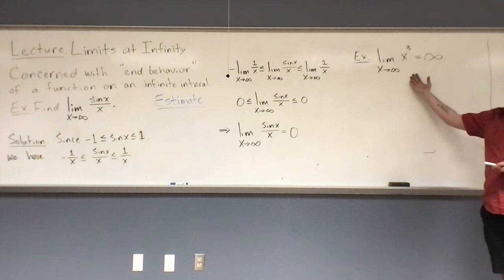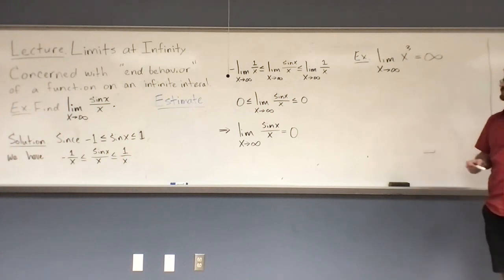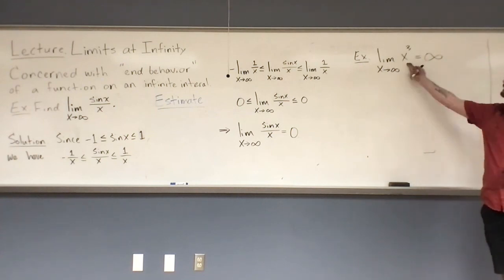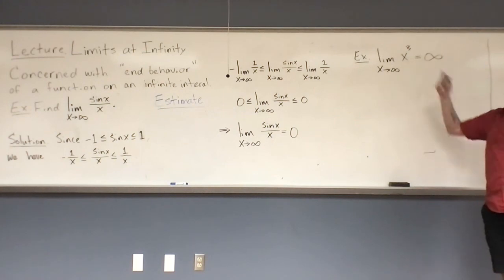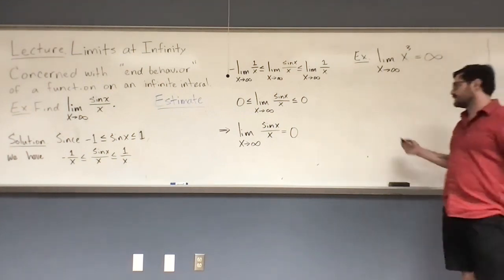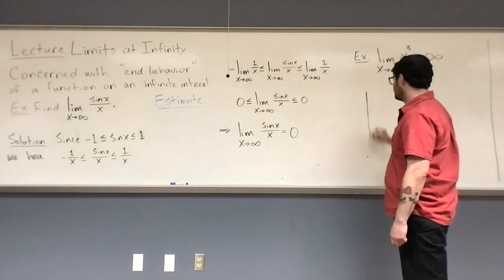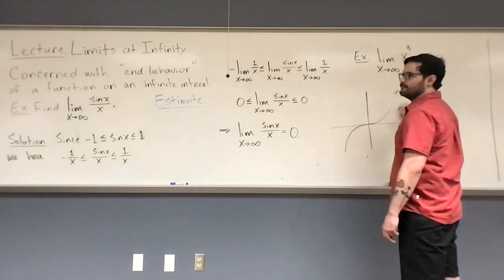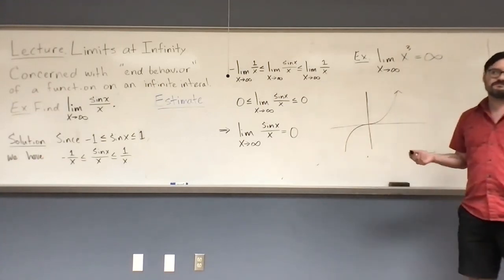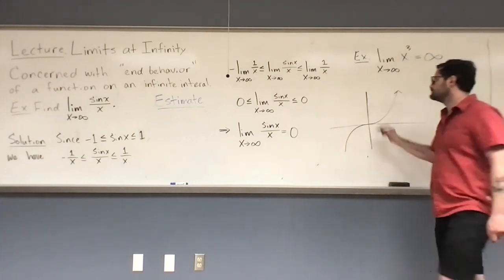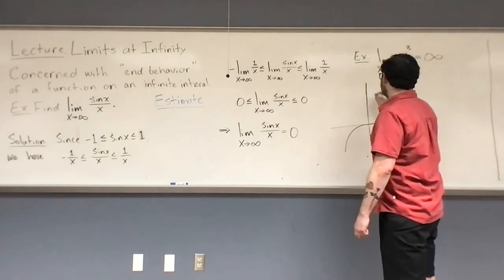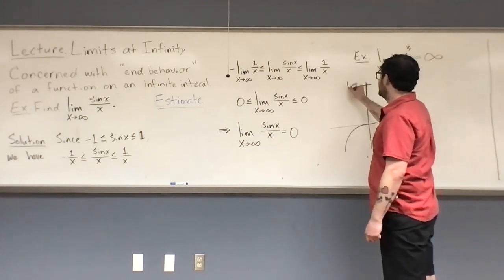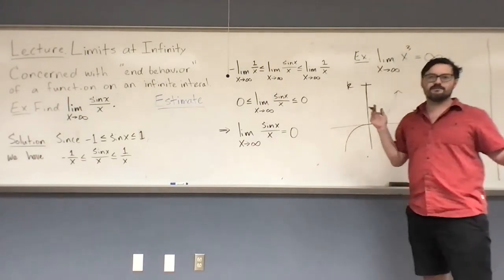What does this mean? It means that for any positive number you pick, there exists a cutoff where every time you put in a bigger x, it'll be bigger than that positive number. We know what this graph looks like. You pick any positive number you want, like k.